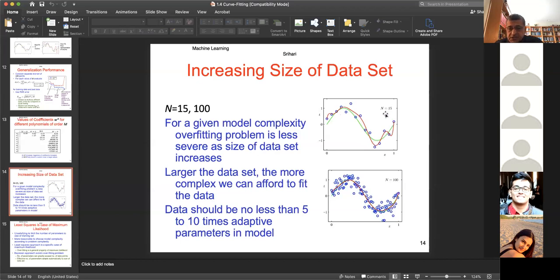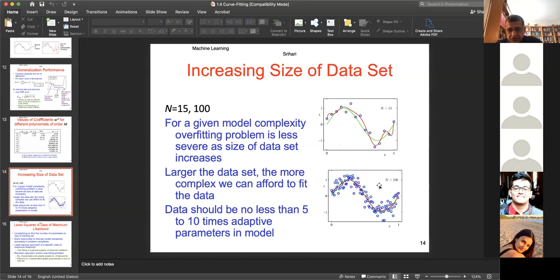And now I'm using a higher degree polynomial, which is not just a cubic. You see how curved this red line is. The cubic was fitting the sinusoid exactly. This is fitting the data even more on the noisy points, and so it gets a solution like that.